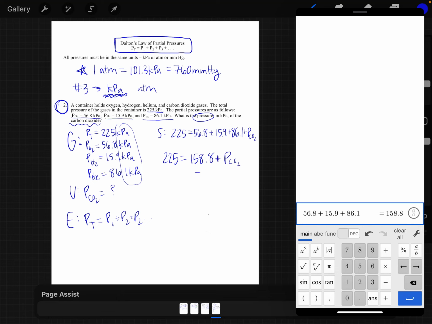And now I do the opposite of what I had on that side. I can't remember what the word is. Operation? Opposite operation? Inverse operation? So that I can get my PCO2 all alone. And so in my calculator, I'm going to say 225 minus 158.8. That equals 66.2 kilopascals.